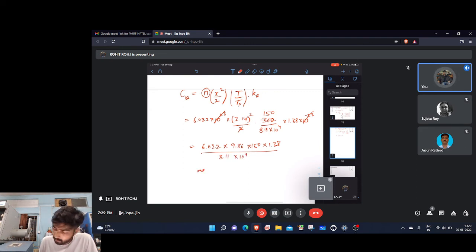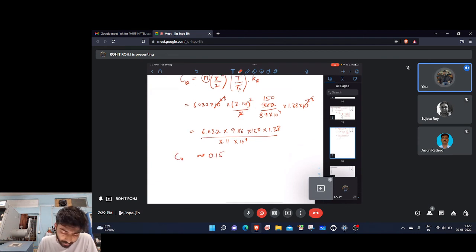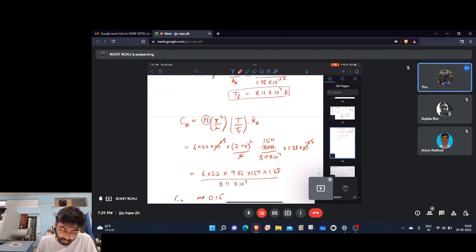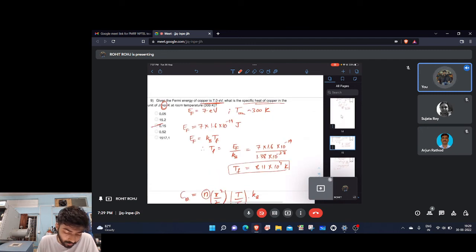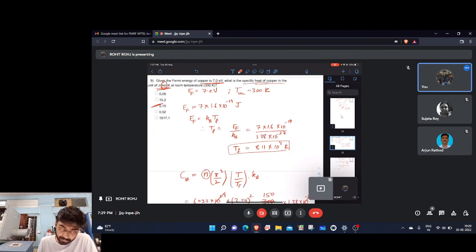This approximately comes to be 0.15, and we are calculating the specific heat. So 0.15 is the specific heat of copper at room temperature in units of joule per mole per Kelvin.